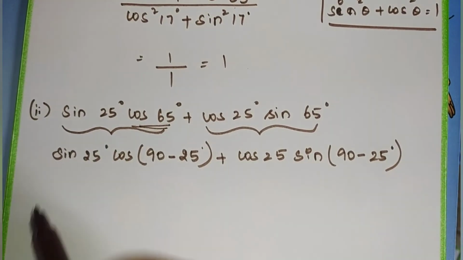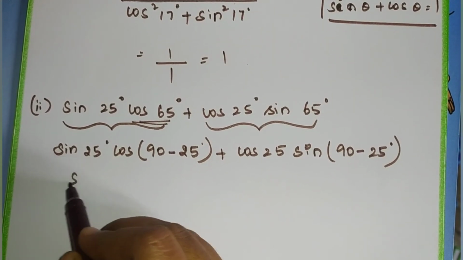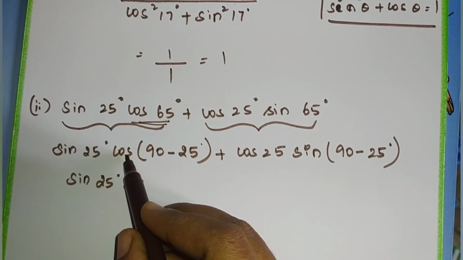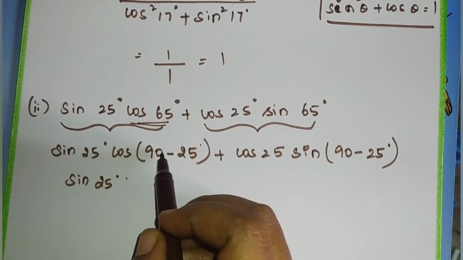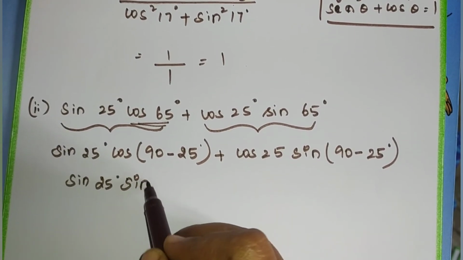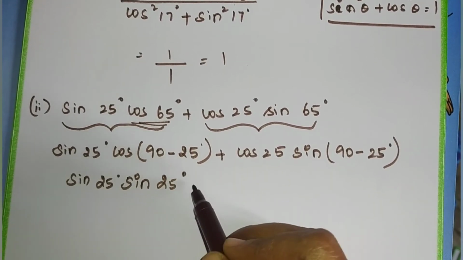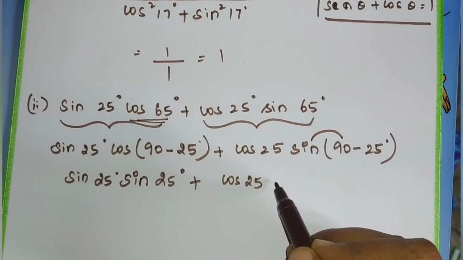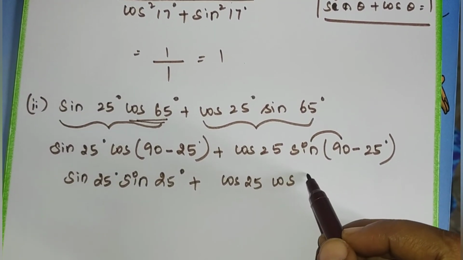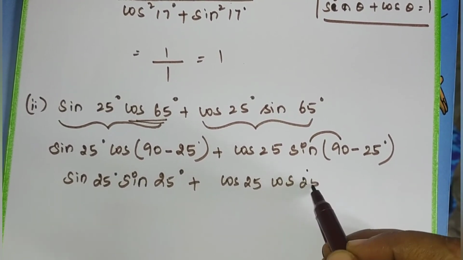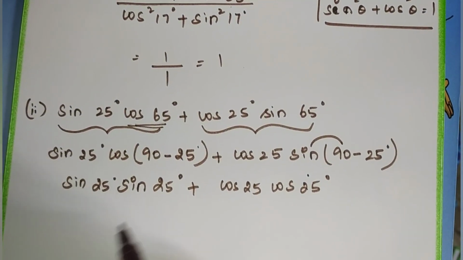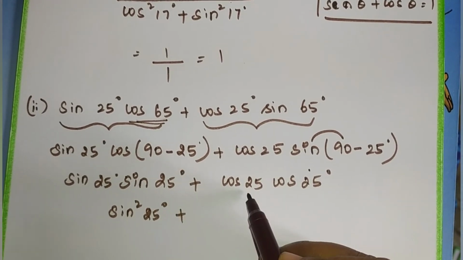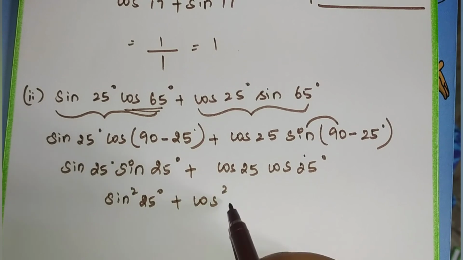The cos and 90 merge together and we will get sine 25 degree, plus cos 25 degree, and sine and 90 merge together and we will get cos 25 degree. So sine 25 degree times sine 25 degree is sine square 25 degree, plus cos square 25 degree.